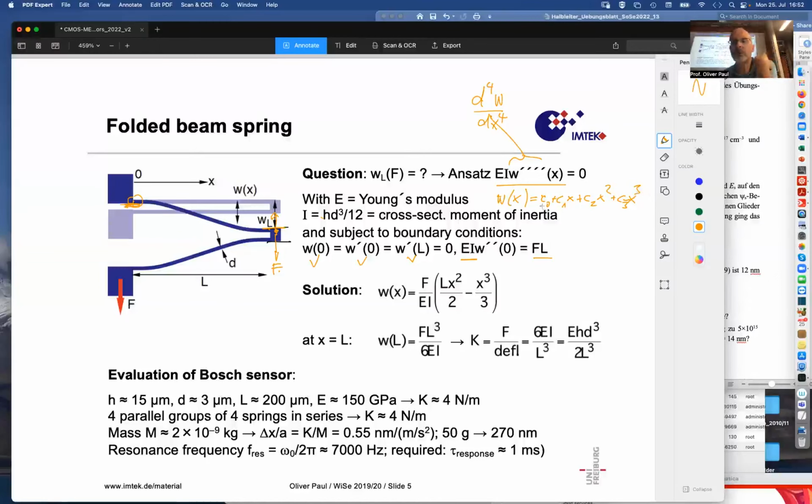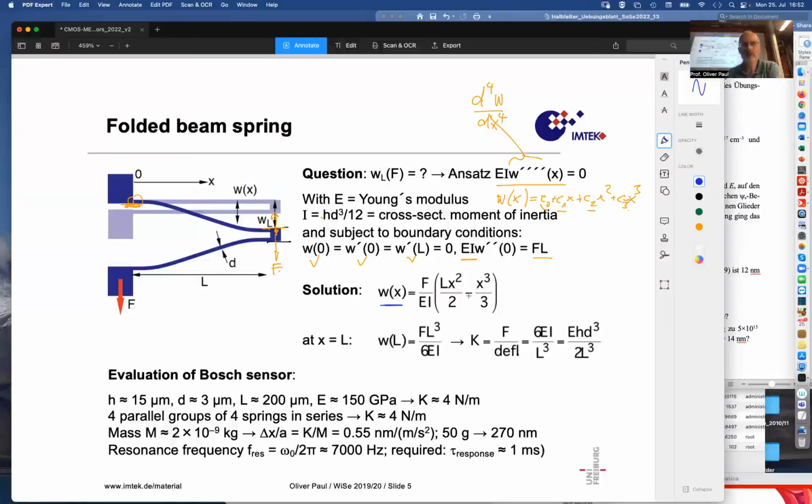So with these 4 unknown coefficients, we are able to fulfill these 4 boundary conditions. Once we identified those values of C0 to C3, we insert them and we find the solution, W of x, the deflection as a function of this horizontal coordinate, which is given by this expression here.